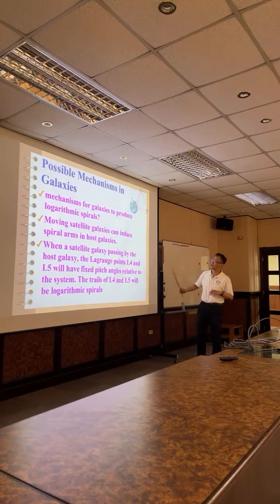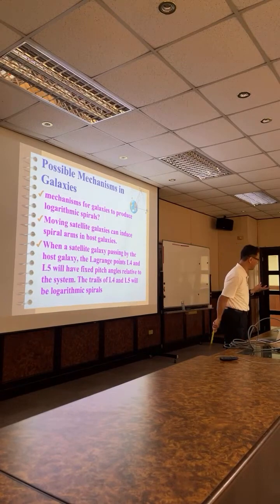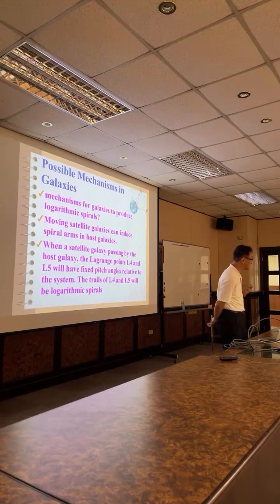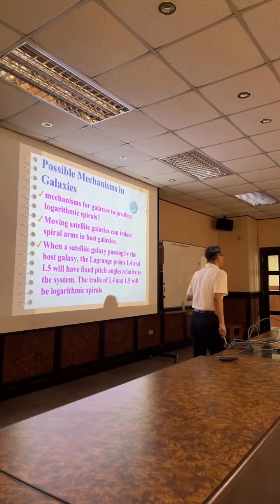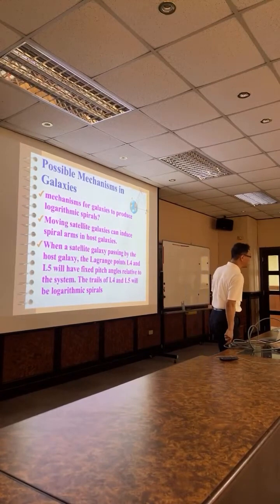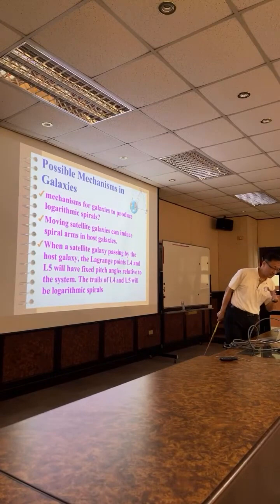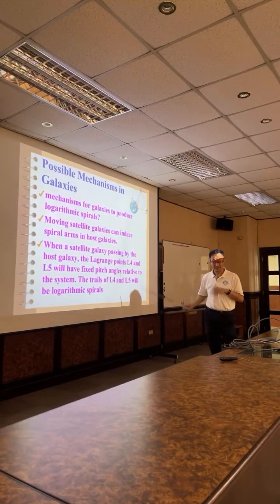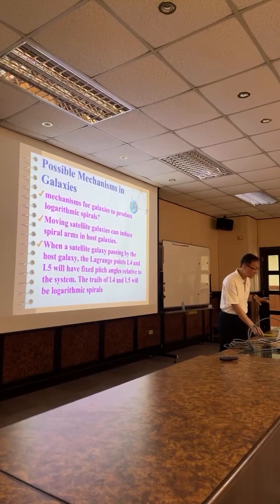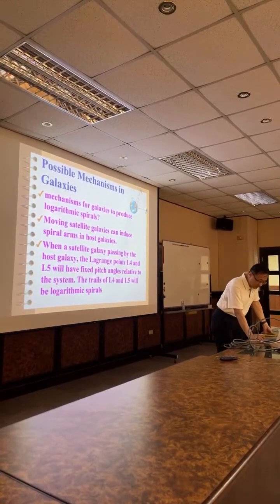It's interesting to think about why we have logarithmic spirals in galaxies. Why do we have logarithmic spirals in galaxies? There's no known reason. At least we don't know the reason for that. This is just a possible mechanism I'm thinking about that might be able to create a logarithmic spiral.